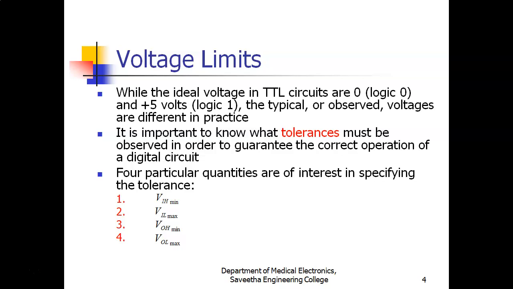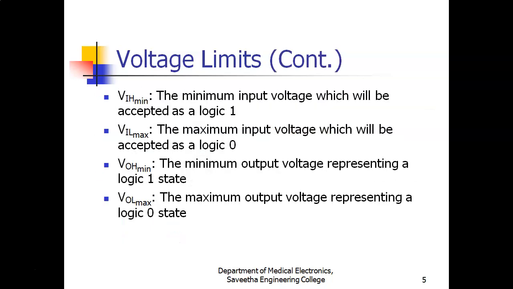The quantities of interest in specifying the tolerance are: the voltage input high minimum, the voltage input low maximum, the voltage output high minimum, and the voltage output low maximum.